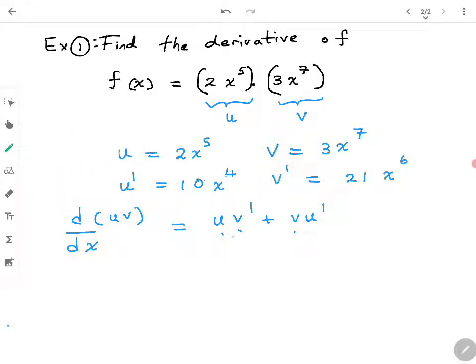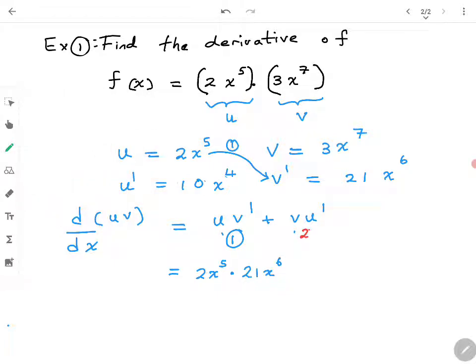This first term, u times v prime, can be found by multiplying these two terms. We know u is 2 times x to the fifth, and v prime is 21 times x to the sixth.